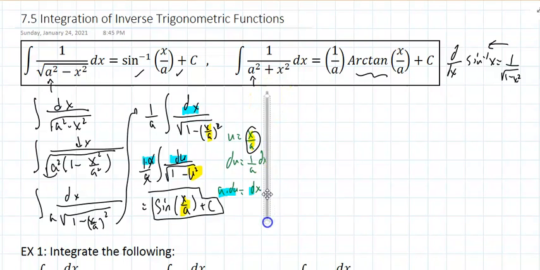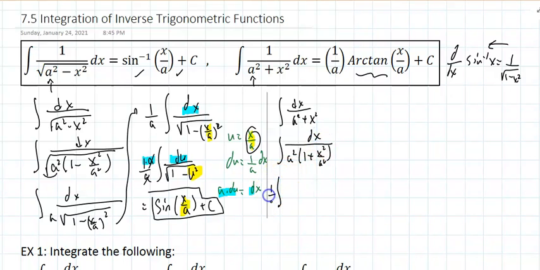And similarly, if I take the integral of 1 over a squared plus x squared dx, I'll factor an a squared out, and the same idea as what we just did. Factor 1 over a squared out, that's dx over 1 plus x over a quantity squared. I would let u equal x over a, and du will be dx over a, which means that dx is a times du.